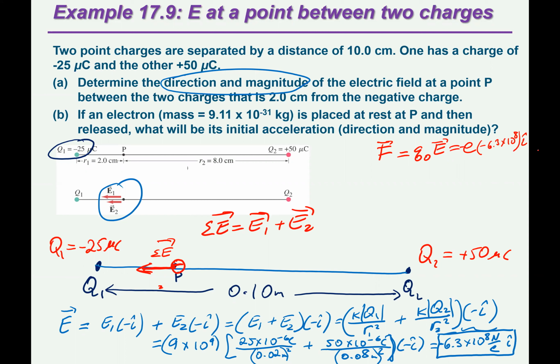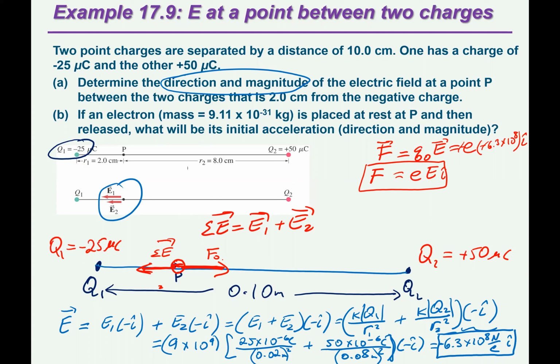Now the negative cancels that negative, and my force is just the electric charge e times E for the electric field. That is my equation for the electric force. The negatives cancel out, and I can just put the magnitude of that, and it's going to be in an i hat direction. Because the test charge is negative, the force is going to be in the opposite direction of the electric field.